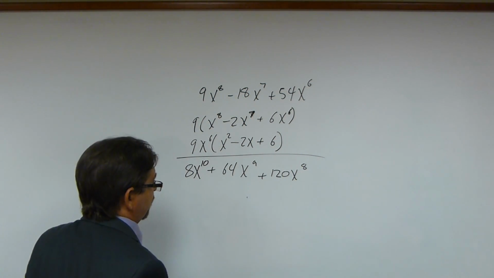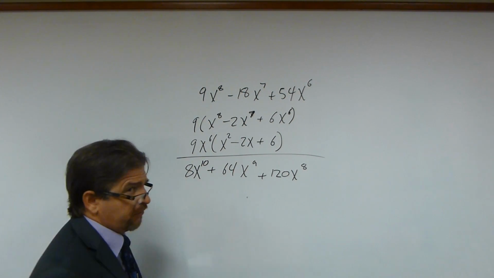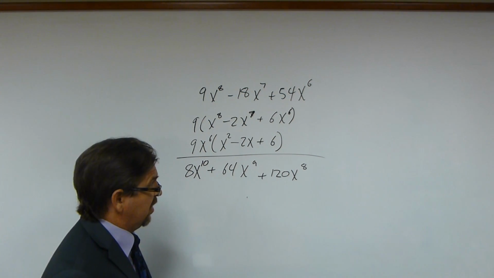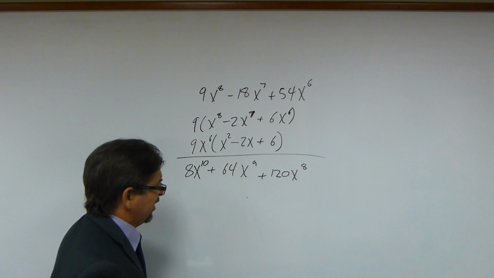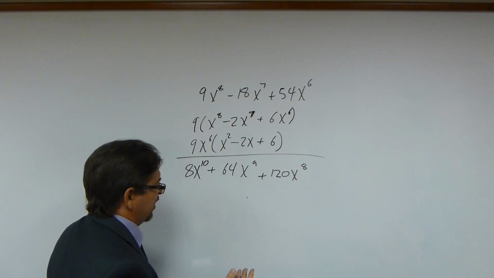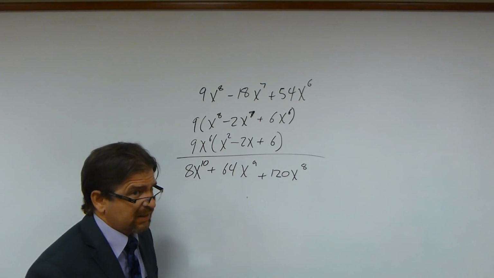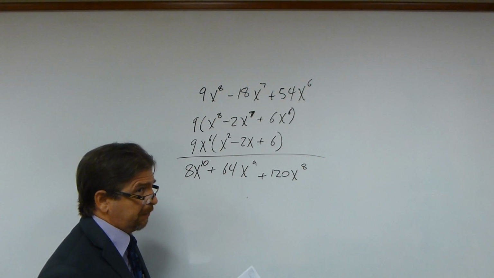Like last time, each of these is divisible by 8. I can tell each of these are at least divisible by 2, and I can do it again and again until I get out all the factors. You don't have to do it all at once. You don't have to make one single leap.